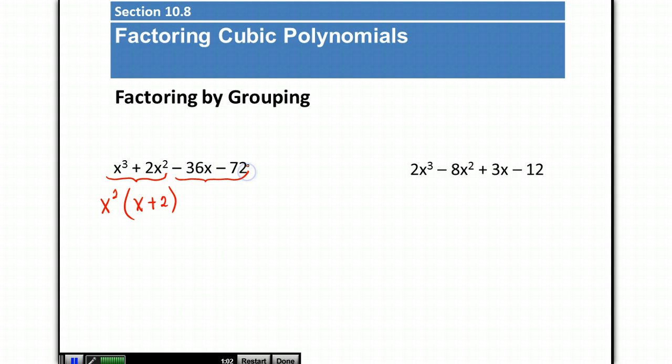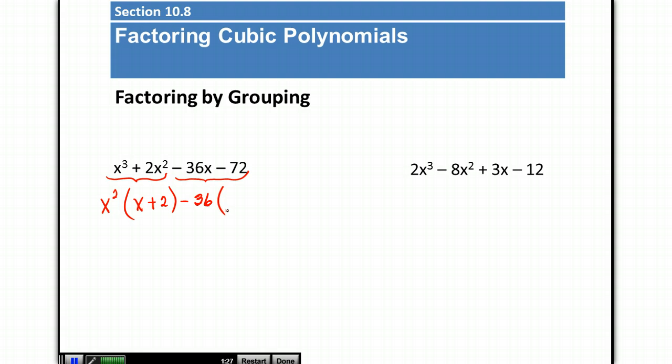Now for these next 2 terms, do you see how this third term is negative? If that third term is negative, that indicates that I have to take out a negative number. What do those 2 guys have in common that I have to factor out? How about negative 36? We want to take out the greatest common factor.